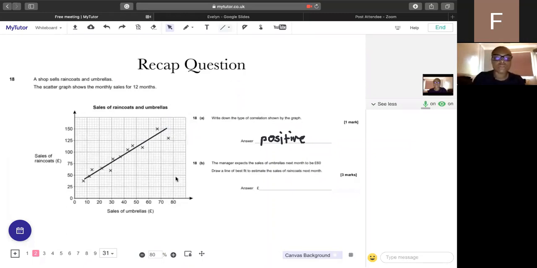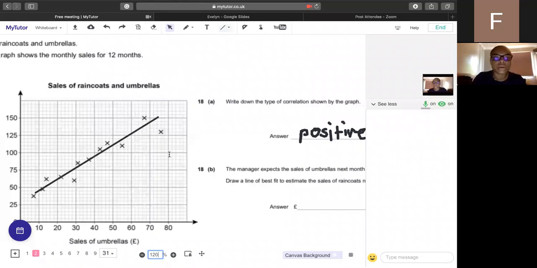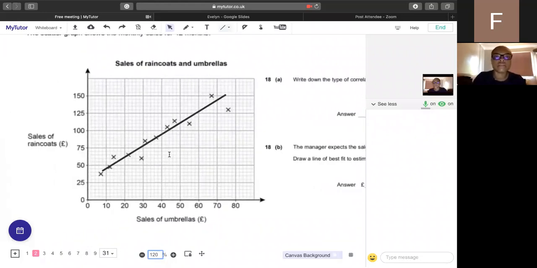Umbrellas cost £60. So if I zoom in, we go to £60 and draw a line from £60 up until the line, and see where it goes across for the sales of raincoats.